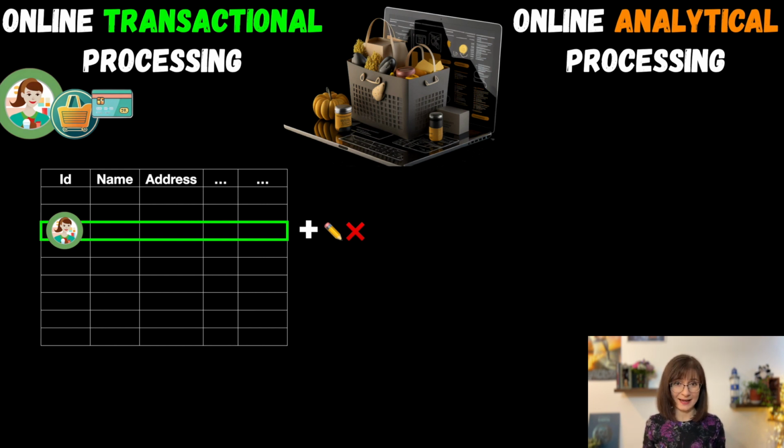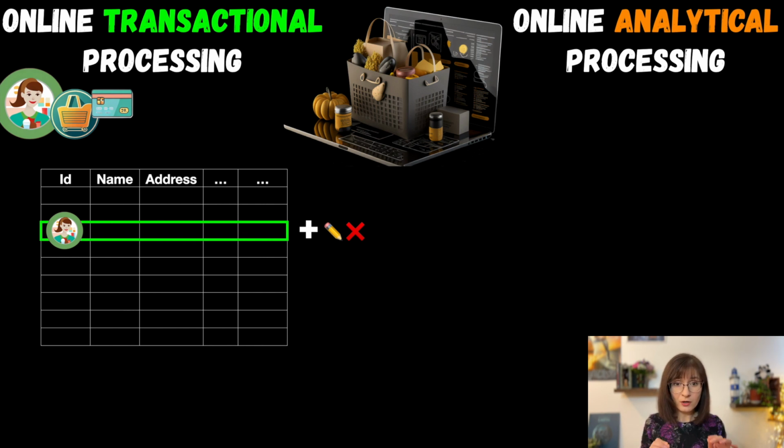On the other hand, online analytical processing focuses on collecting and analyzing data over time to generate insights that can help with decision making. In our online system, we might want to generate sales reports by category, product, or region, analyze customer buying patterns and trends, maybe identify popular products or forecast future demands based on historical data, and do many other things.